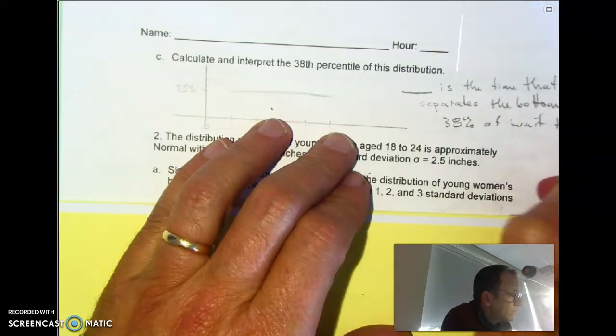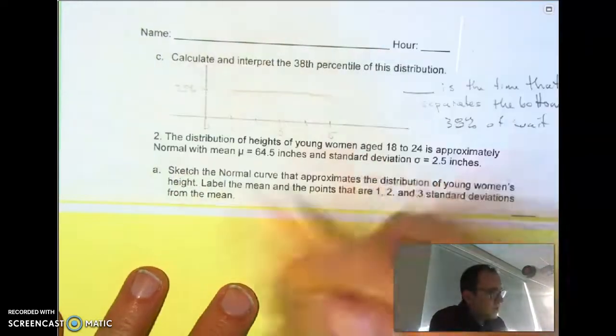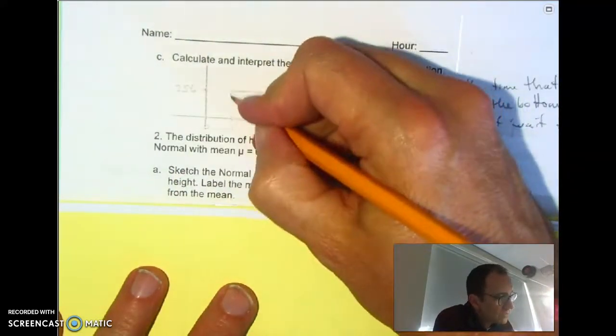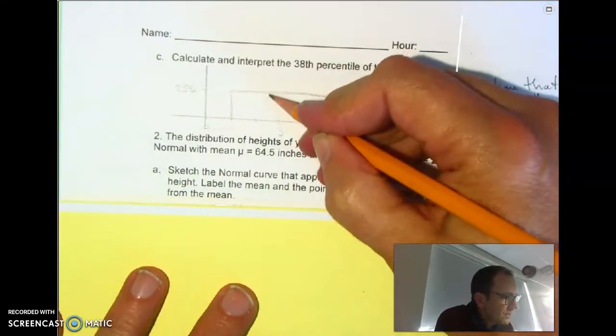So we're looking for that number that separates the bottom 38% of times from the top 62%. So here, we know that 1 is the smallest. We're looking somewhere in here, I would guess.